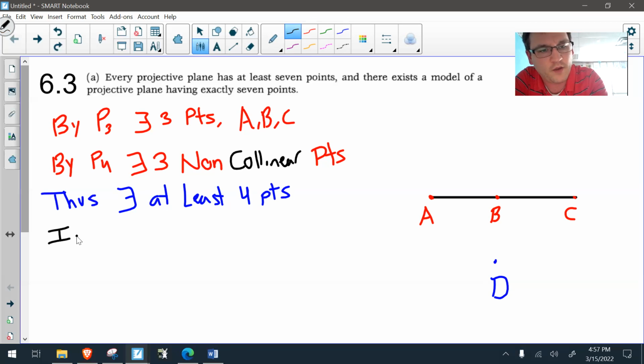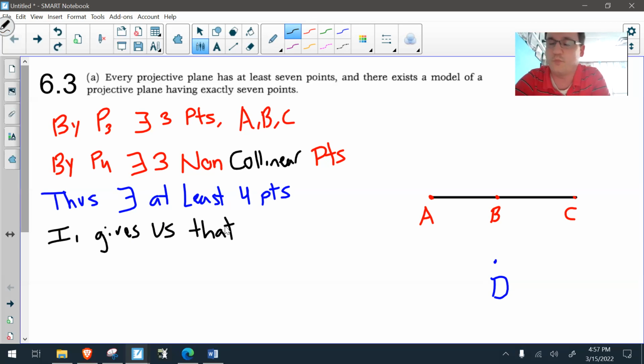I1 gives us that any 2 points define a unique line. We know there exists a unique line that contains 2 points.